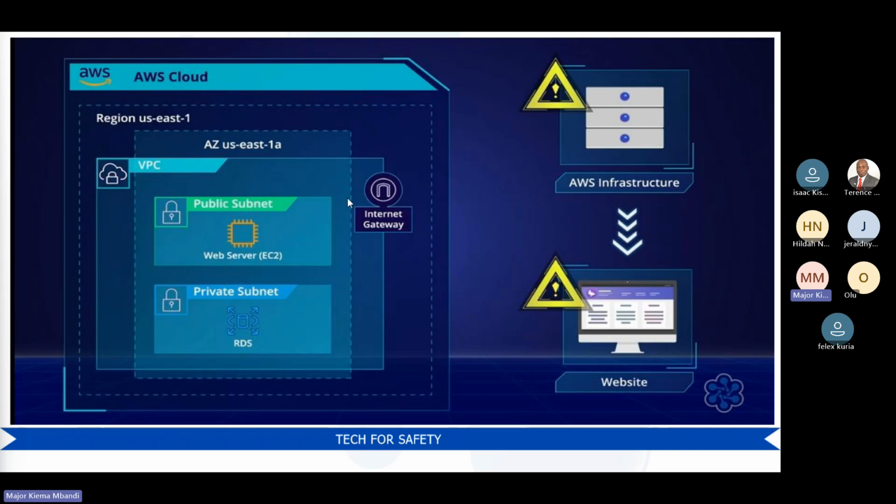So remember initially our architecture was designed in a single AZ, whereby the website is in a public-facing subnet running on an EC2 instance, and then we have our database in a private subnet. And if you are keen enough, you remember we said this kind of deployment is not good and you have not catered for design for failure.